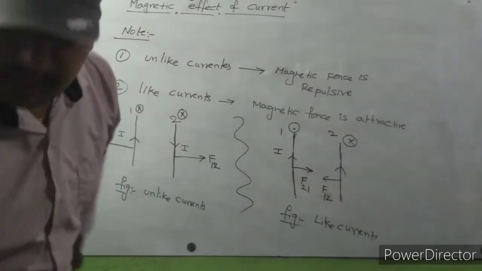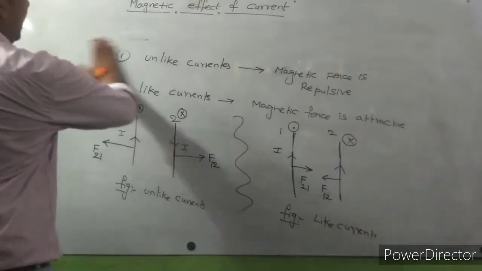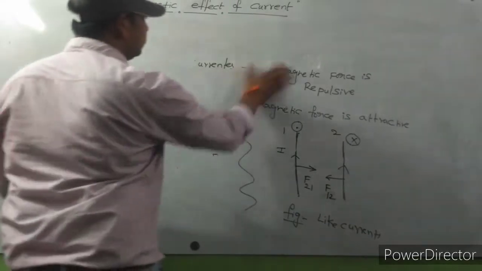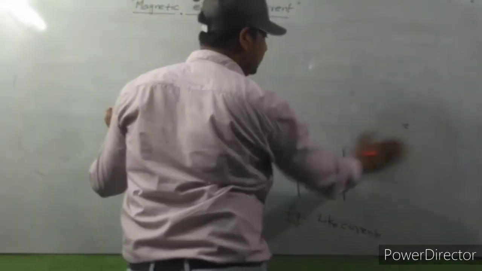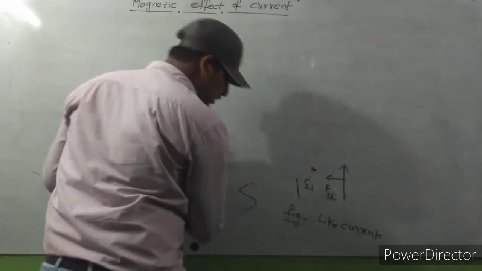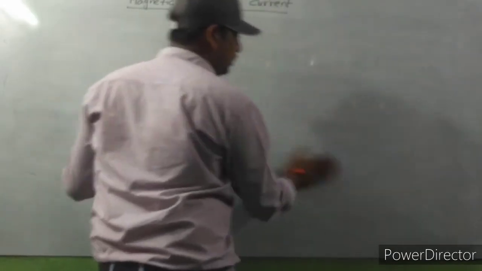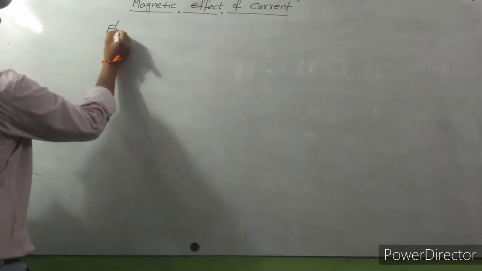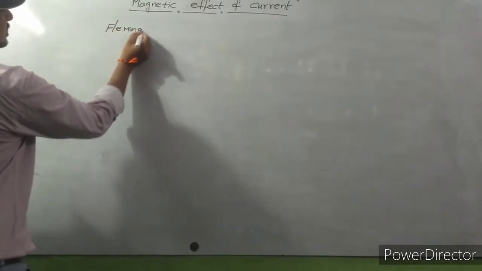Now I will discuss Fleming's left hand rule. This is rule number 5.